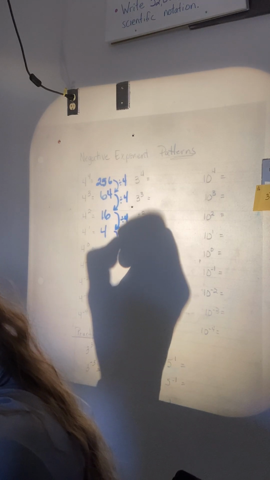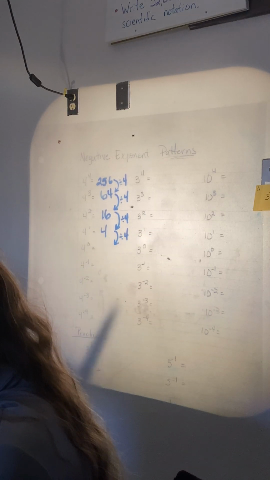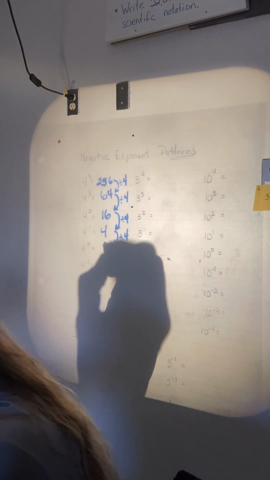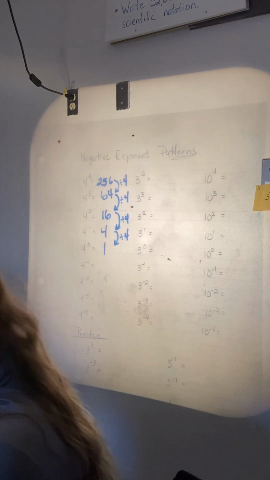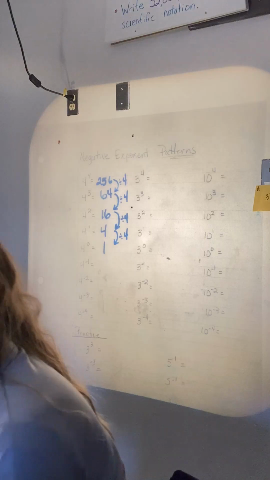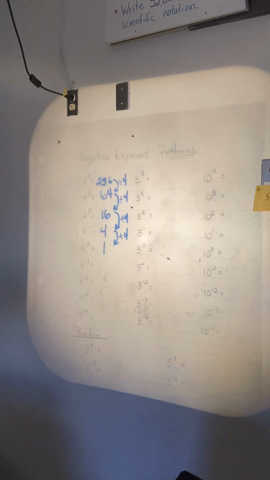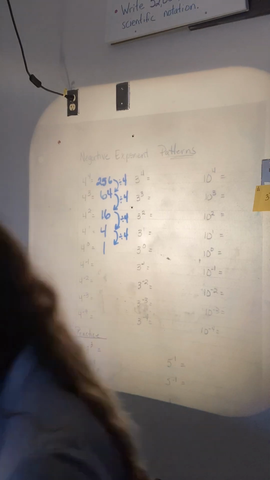We continue this same pattern of dividing by 4. 4 divided by 4 is? 0. No. 1. And on Friday we looked at the fact that anything to the power of 0 is 1, right? And here it is again. Anything to the power of 0 is 1. Okay, now we get to the negative exponents.